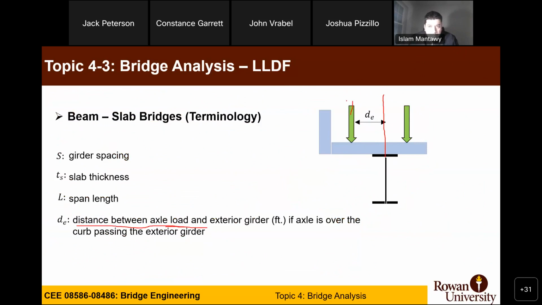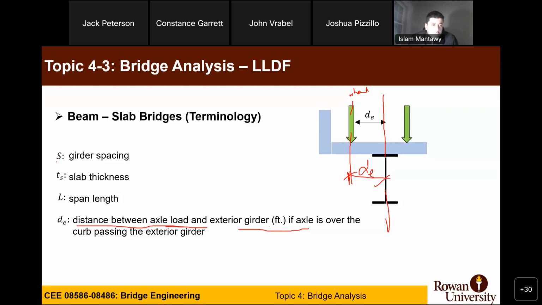So like I have 3 axles here, for example, which is a wheel. And the axis of the exterior girder to the wheel location, the first wheel location, this distance we call de.